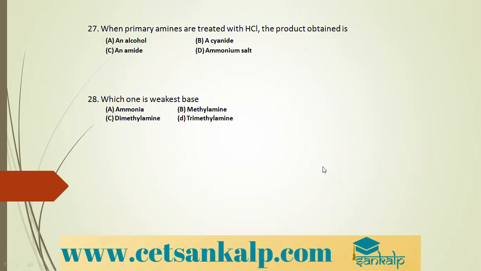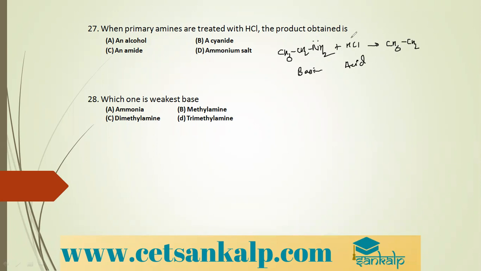When primary amines are treated with HCl, CH3CH2NH2 plus HCl, what is the compound obtained? Amines are basic in nature, correct? And this is an acid. So this explains the basic nature of amine.